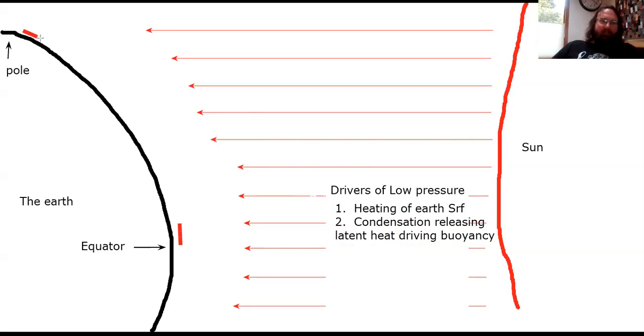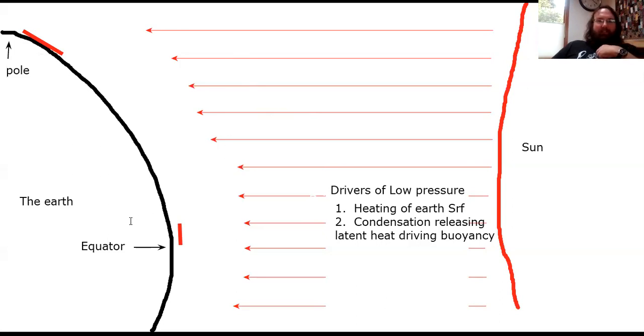Indeed, at about 60 degrees north, you're receiving about half the sunlight per unit area as you would at the equator. The further away from the equator you get, the more the sunlight gets spread out, and the less sunlight per unit area there is. So the equator, because it gets the most energy from the sun, will tend to have rising parcels of air in it.